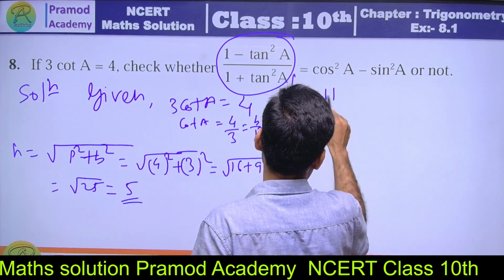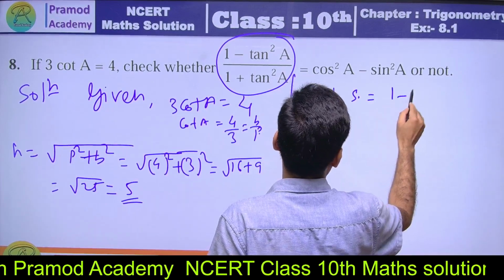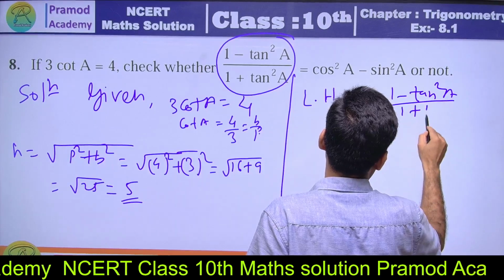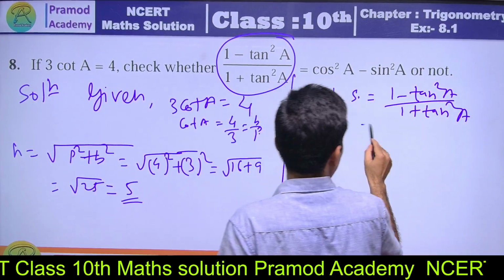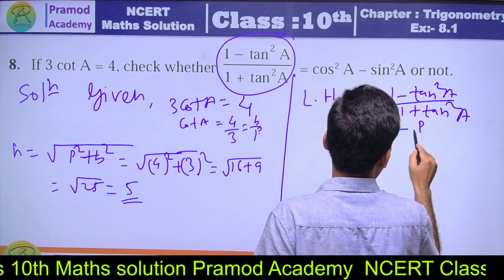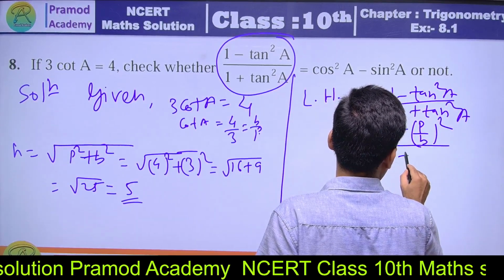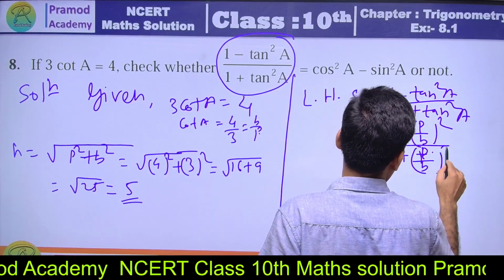If it will be equal, it will be equal. LHS equal to 1 minus tan square A by 1 plus tan square A. So 1 minus p by b whole square, 1 plus p by b whole square.